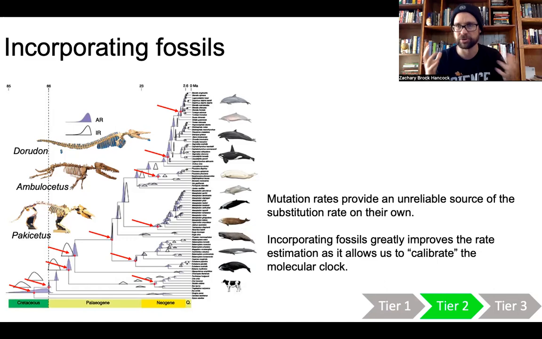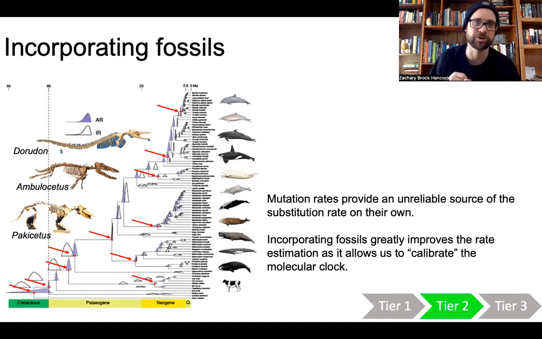Fossils don't have an exact date, so we give them a range, usually with a hard young age but a very soft old age, so that it can be a broad range of age estimates. But it does allow us to calibrate that substitution rate, which greatly improves our ability to estimate the rate if we have some external sources to do that rate estimation.